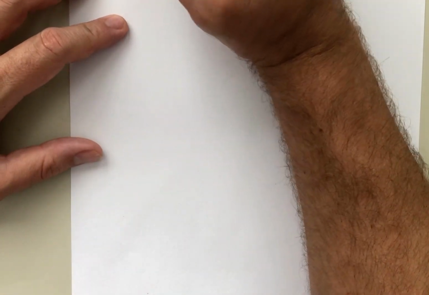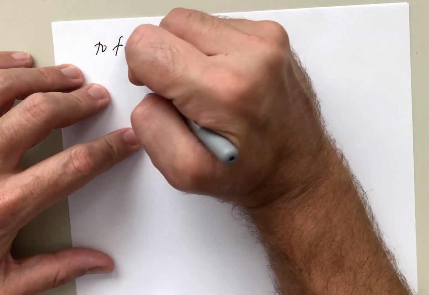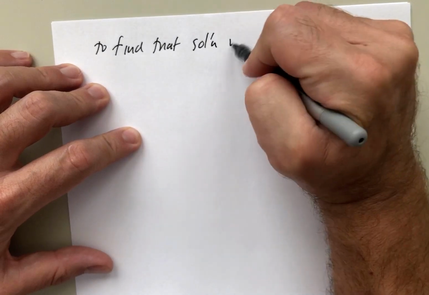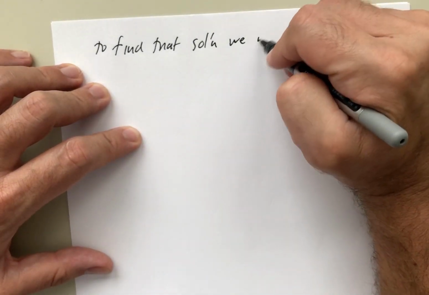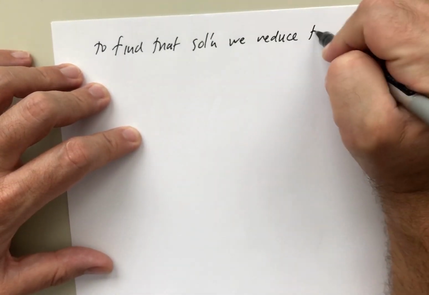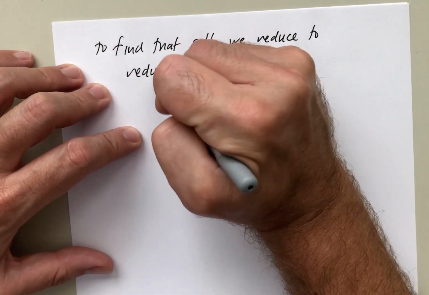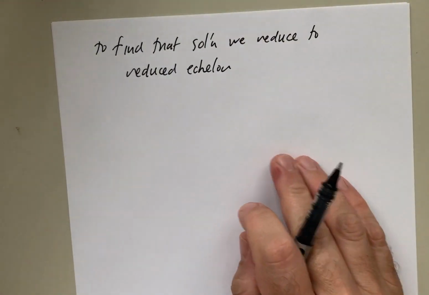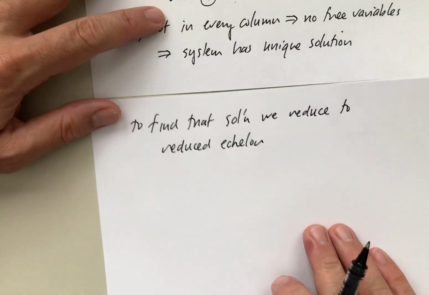Now what is that solution? Well, that's where the reduced echelon form comes in. To find that solution, we reduce to reduced echelon. Again, I'm going to press my magic button to spare you the calculations.